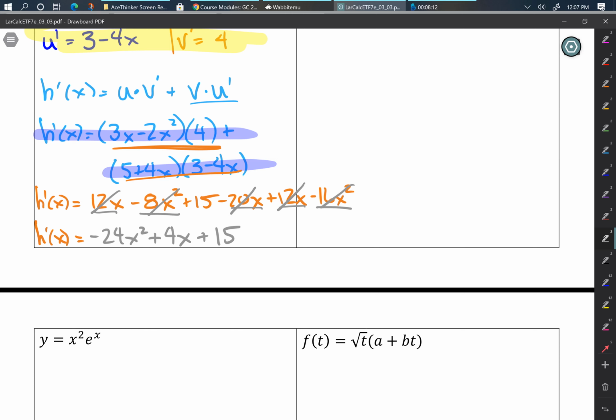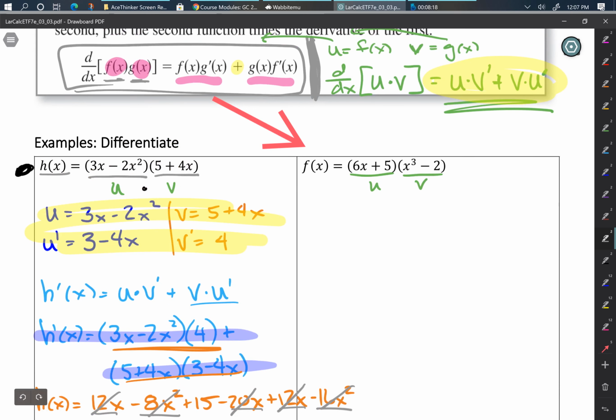Now, had I just gone ahead and multiplied it out to begin with, I would have ended up in the same place. And just to show that, I'm going to take this and drag it over here. If I had multiplied that out using FOIL, first times first is going to give me 15x. Outer is going to give me 12x squared. Inner is going to give me, what is that inner going to give me there?